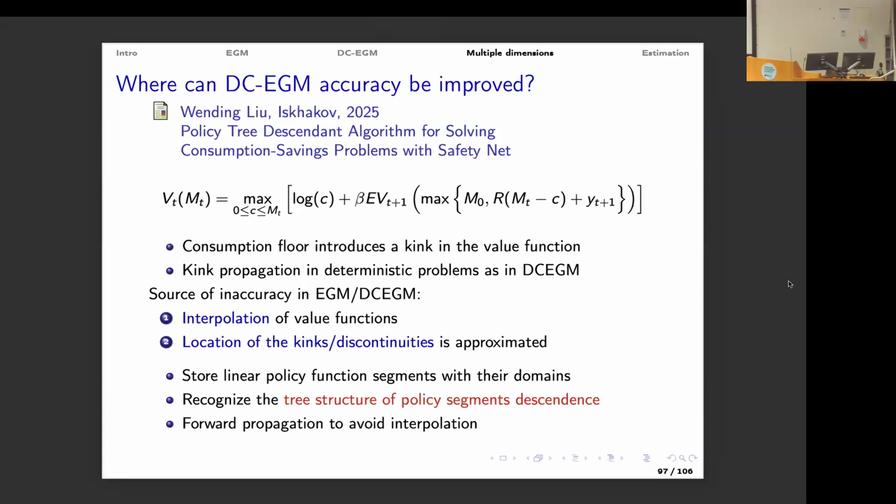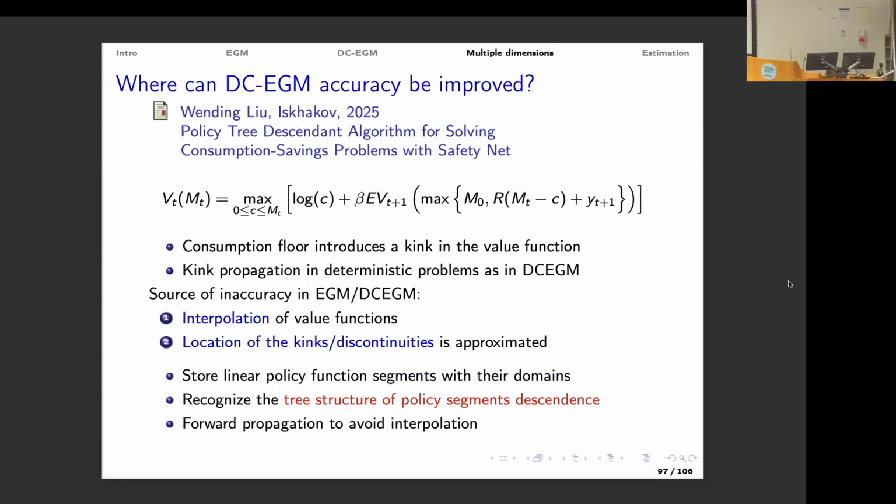Now, Wending Liu is my PhD student, and we set up a model where there's no discrete choice, but there's a safety net, like a consumption floor. Again, a very standard problem, but over here you have a max over the resources tomorrow and some fixed level M0.